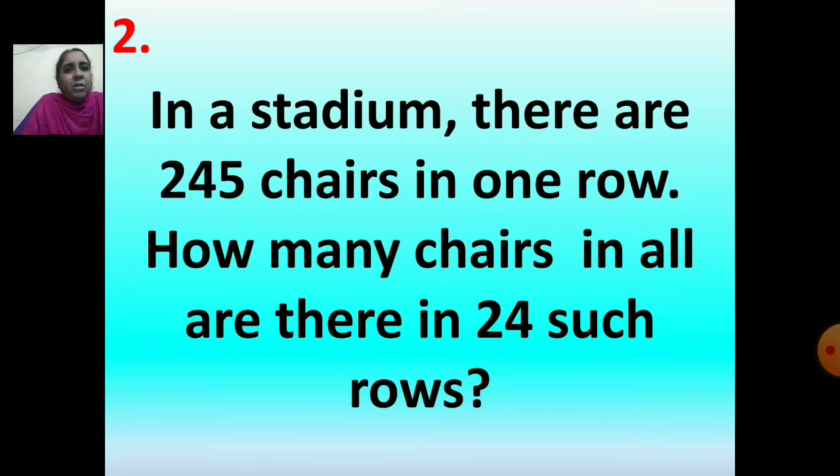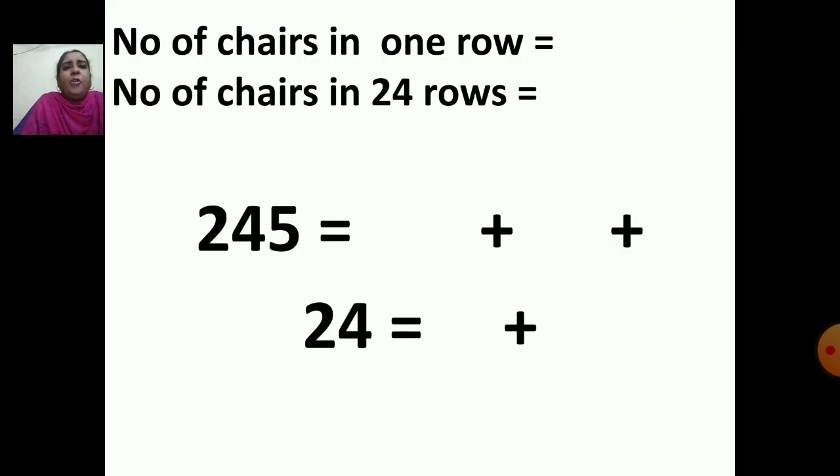First you have to write the statement, children. Now number of chairs in one row. How many chairs are there in one row? 245. Now number of chairs in 24 rows. So we have to find the total number of chairs in 24 rows.